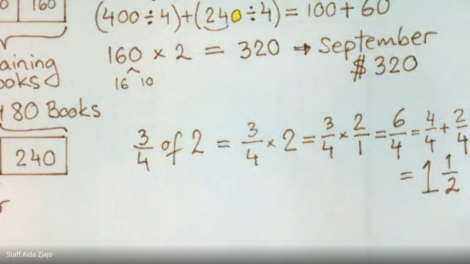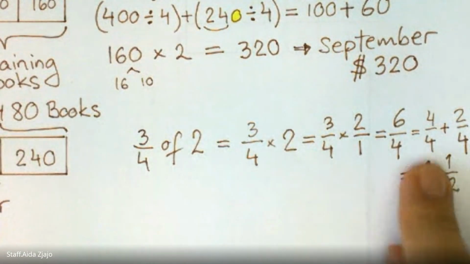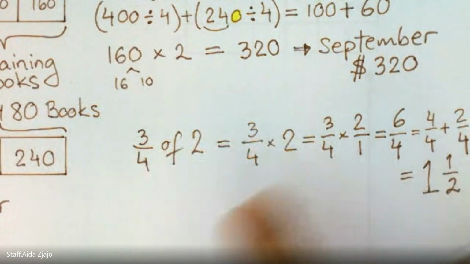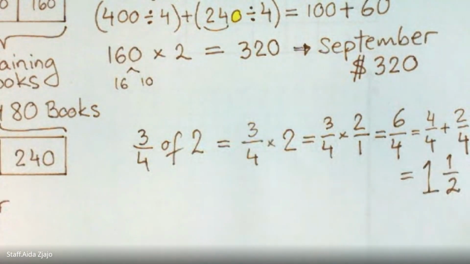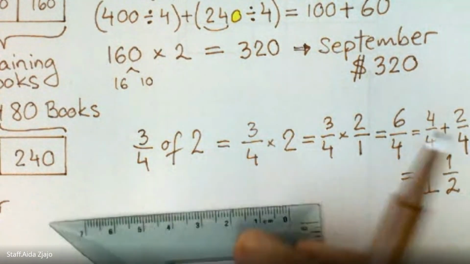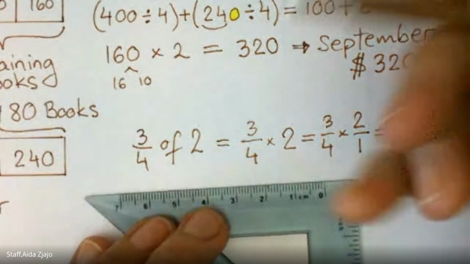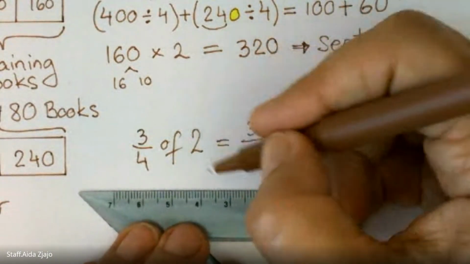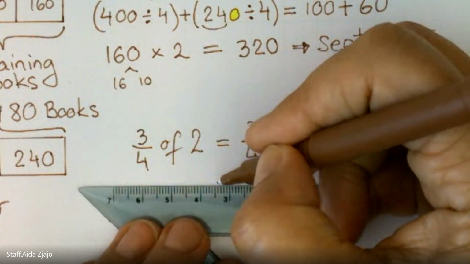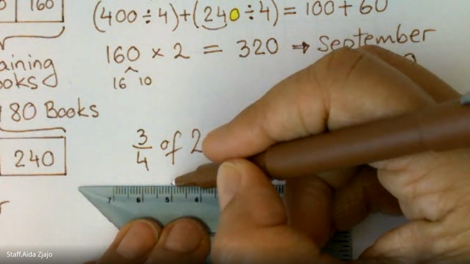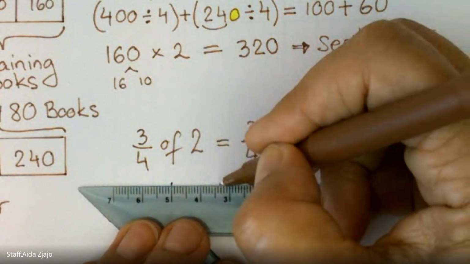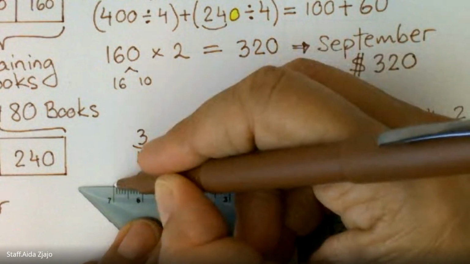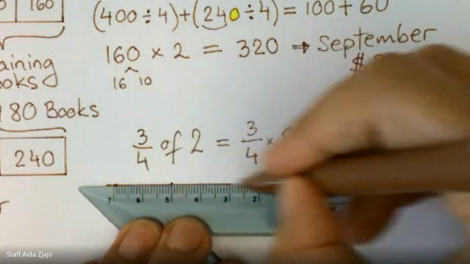So $1.50 would be the price of each book in October. Another way to see this is to make two wholes. Let's do a number line.